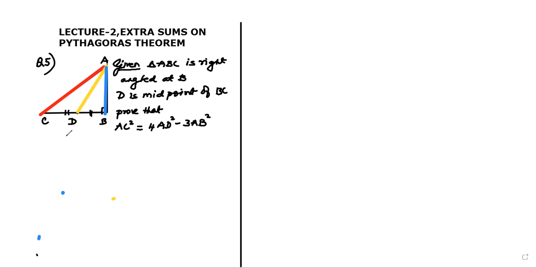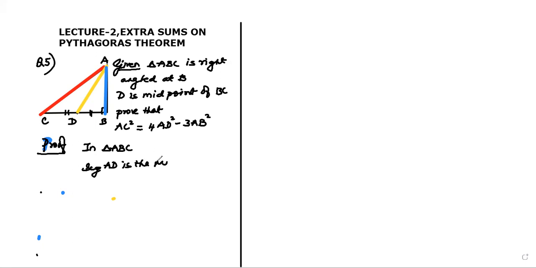I think it's fairly simple. So what am I going to do? In my proof, I'm going to write, in triangle ABC, I can say segment AD is a median.